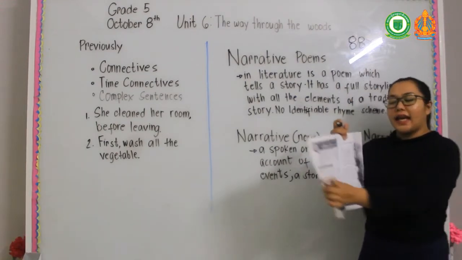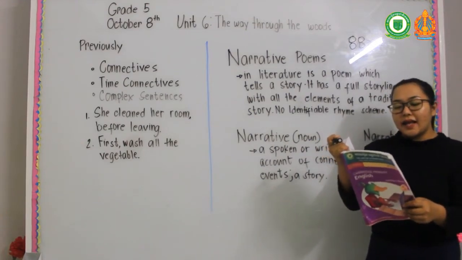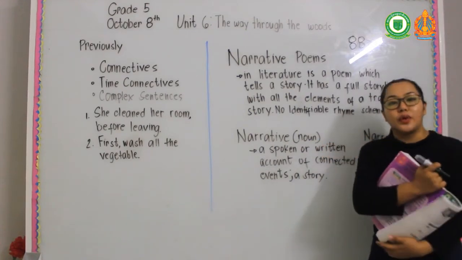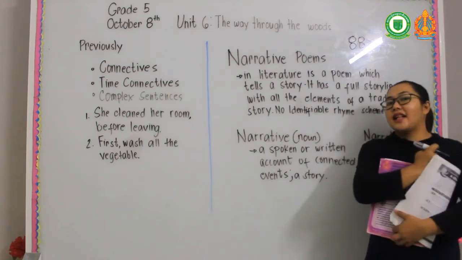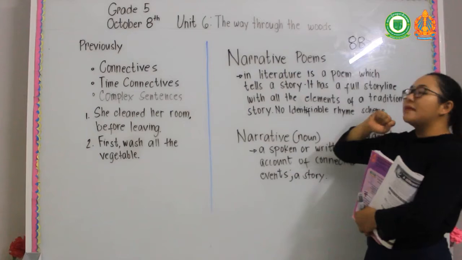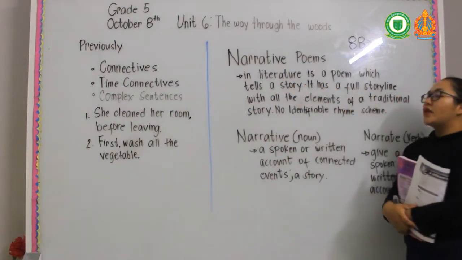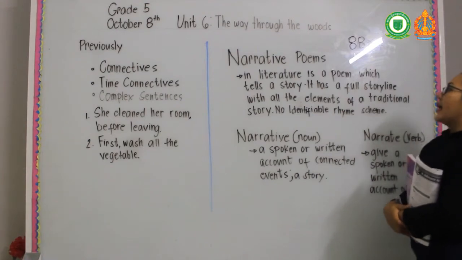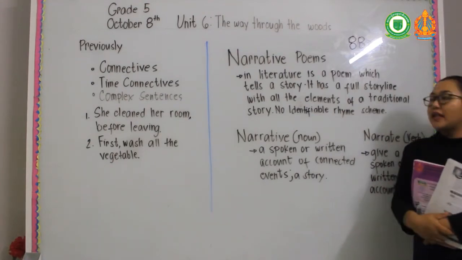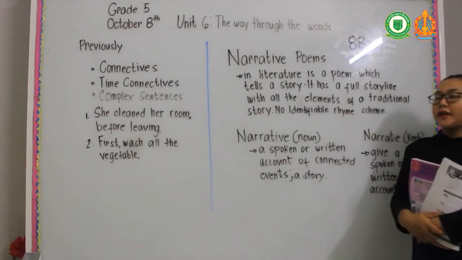On page 88, narrative poems can tell many kinds of story. So what is a narrative poem? In literature, it is a poem which tells a story. It has a full storyline with all the elements of a traditional story.